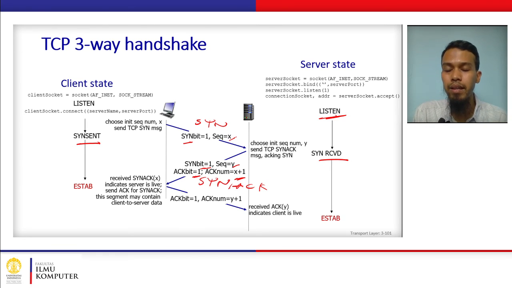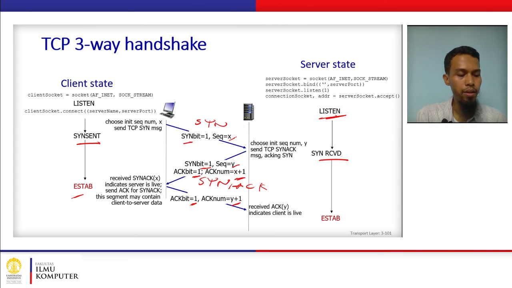So after the client receives the SYN ACK message from the server, the communication from the client side can be established. So basically, the client can start sending data, but it's not done yet. Now the client has to acknowledge that it received the SYN ACK sent by the server by sending a message with the ACK bit set to 1, and the acknowledgement number equals y plus 1.